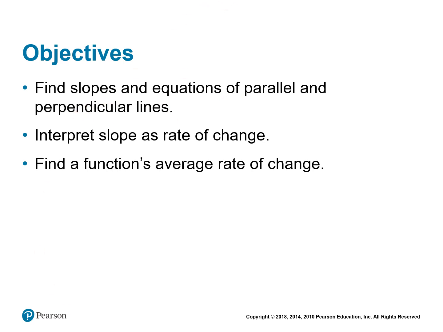Just to remind you, parallel lines are two lines, or could be more than two lines also, but lines that do not meet, they never meet. That's the property of parallel lines.